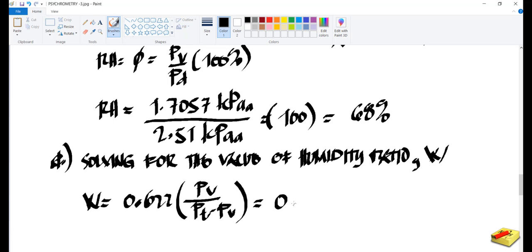So substituting, we have 0.622, that will be partial pressure of vapor.